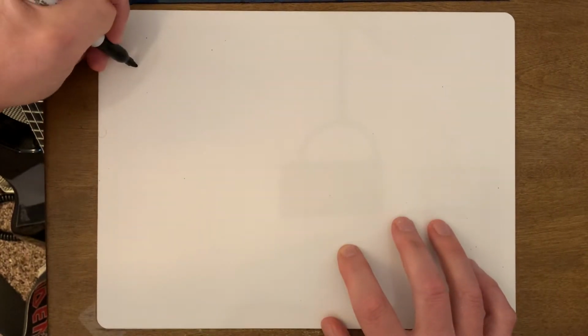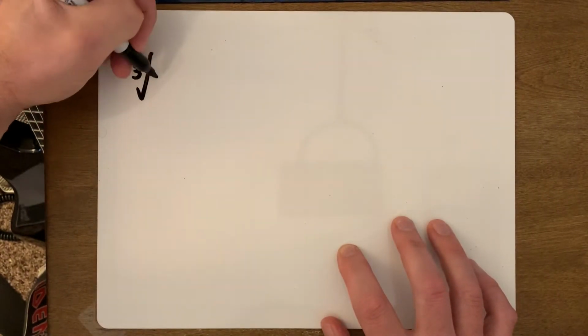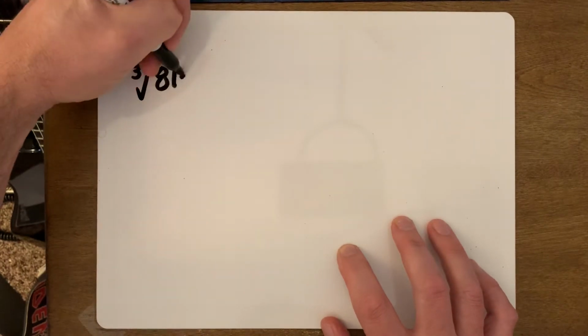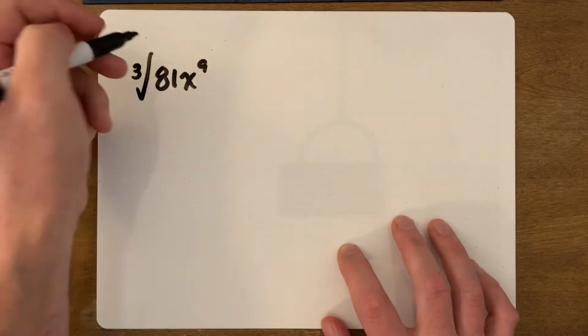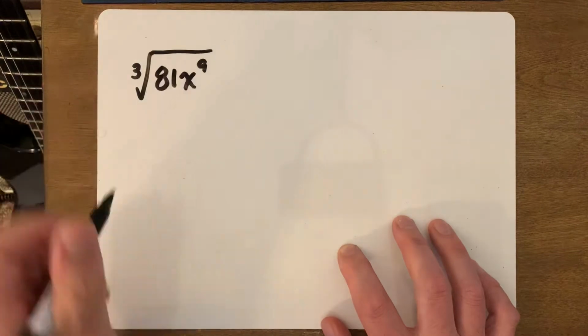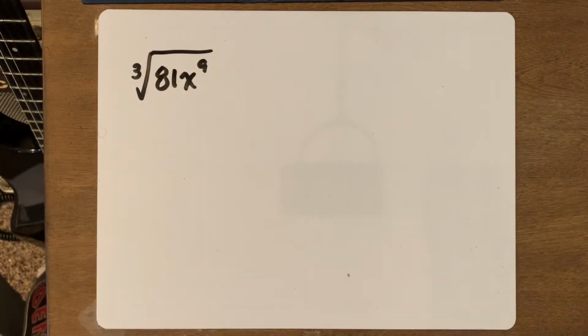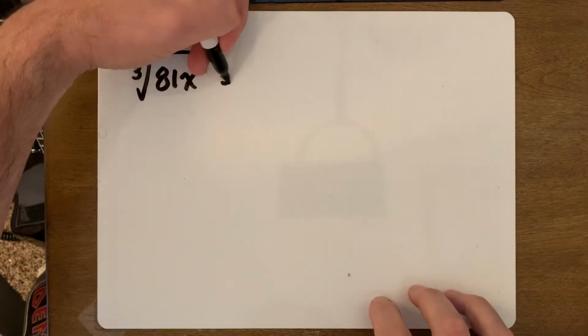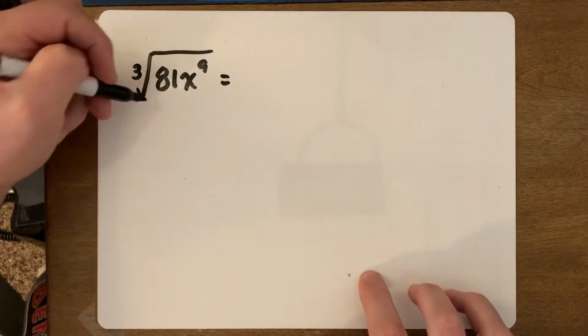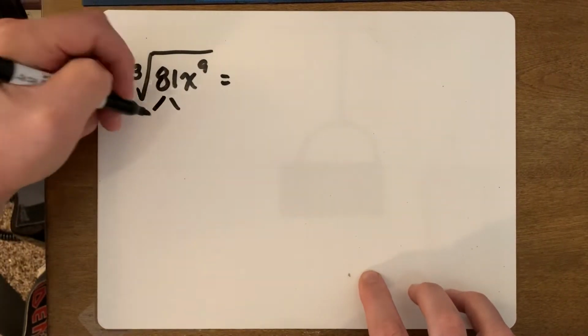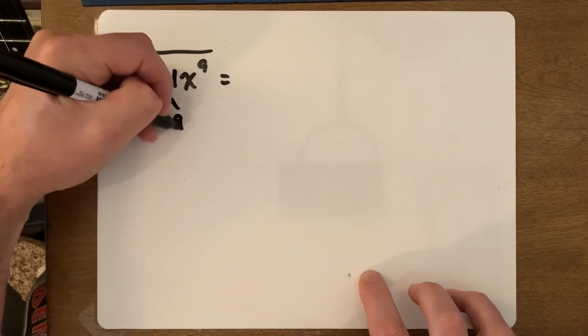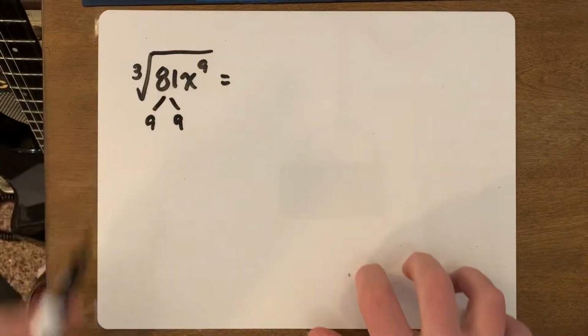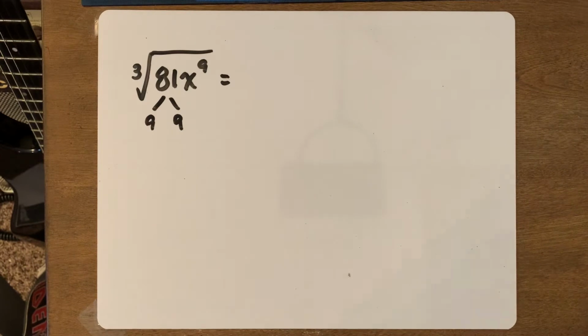Okay, this time we're going to change it up. We're going to do the cube root of 81 x to the 9th. Now, here's the problem here. I have 9 x's, and I am free to write them all out if you want to. If you want to do that, you can. Let's take the 81. 81, 9 times 9. Okay, now, since it's a cube root now, not a square root, I need to keep breaking it down.